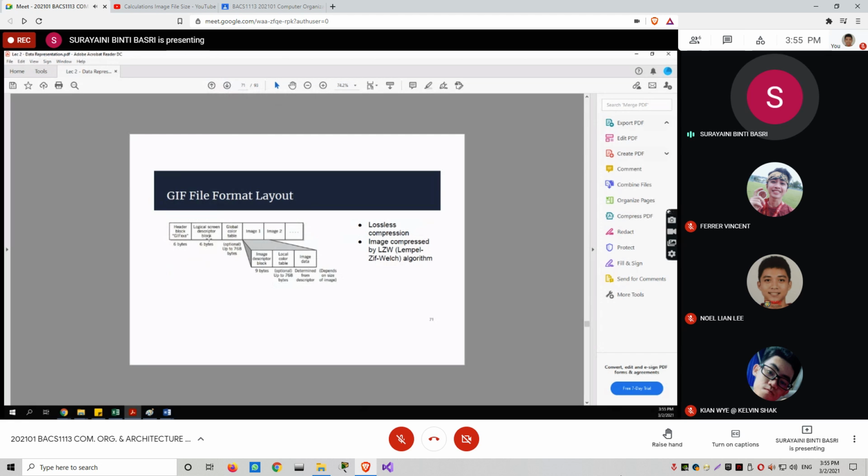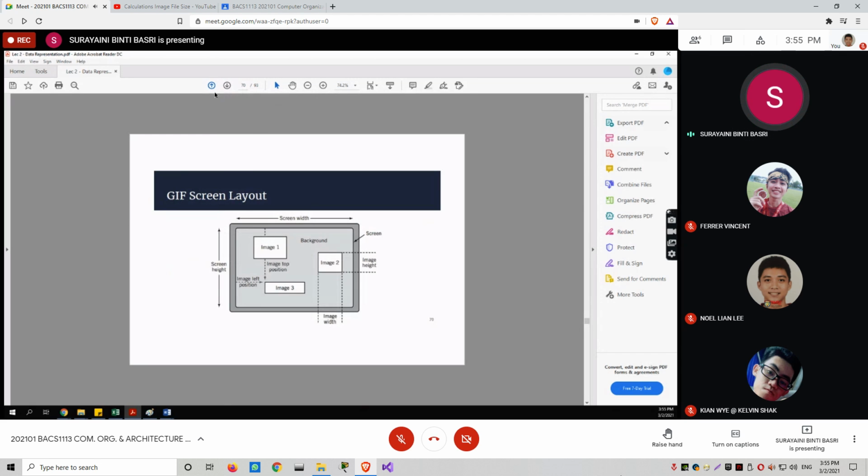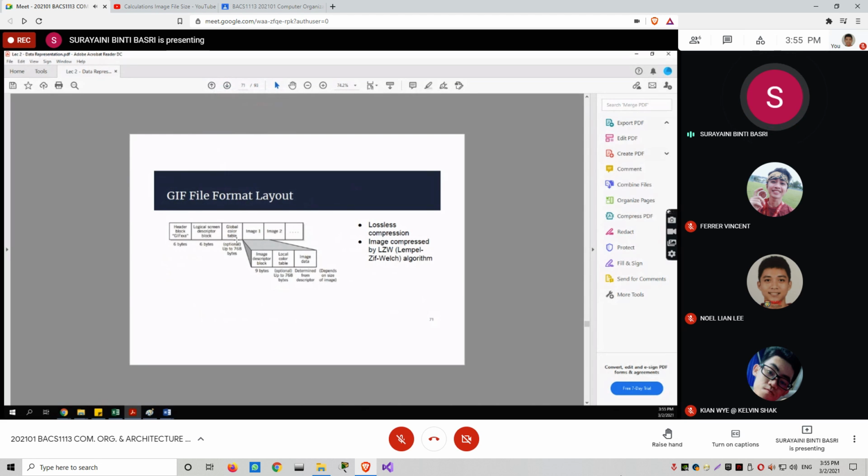It will store 6 bytes of information of the logical screen descriptor. 6 bytes of information, it will store the screen width, the height of the screen, and then after that, there will be a place. Just remember this: when the image is stored, there will be a lot of binary.